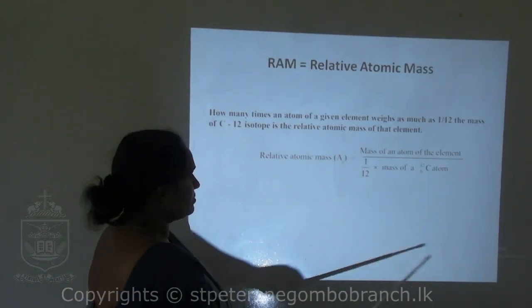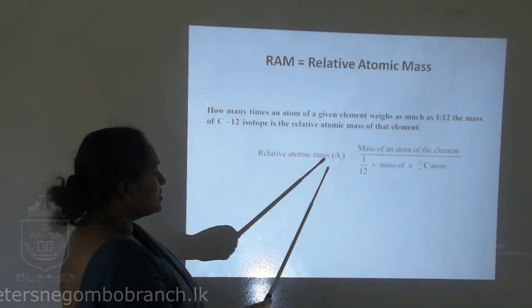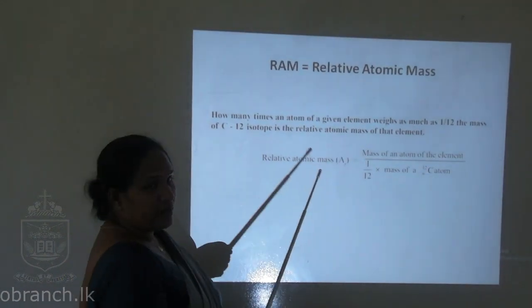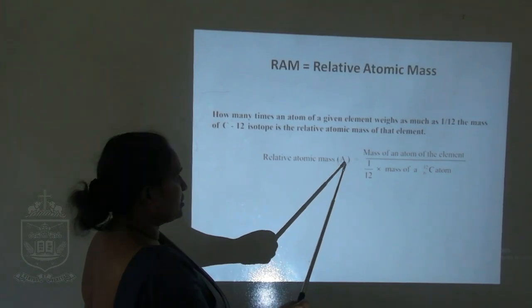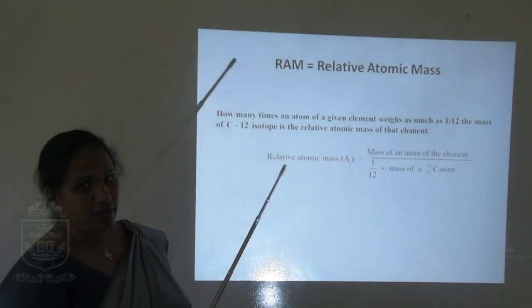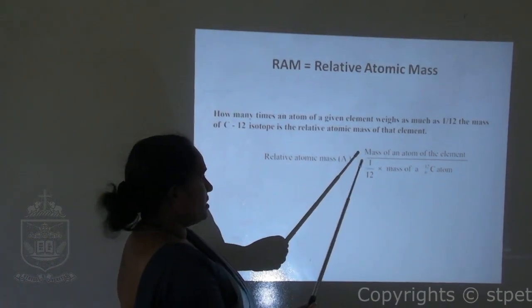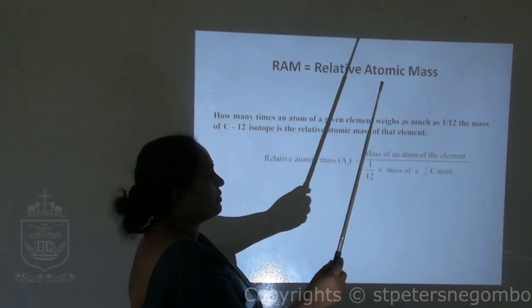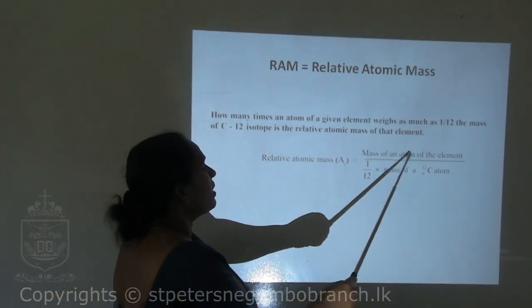Easily you can find this from the equation. Relative atomic mass, this is the symbol for the relative atomic mass. We use capital A and small r. Ar means relative atomic mass symbol. Equation: mass of an atom of the element. You have to write here the mass of the atom.